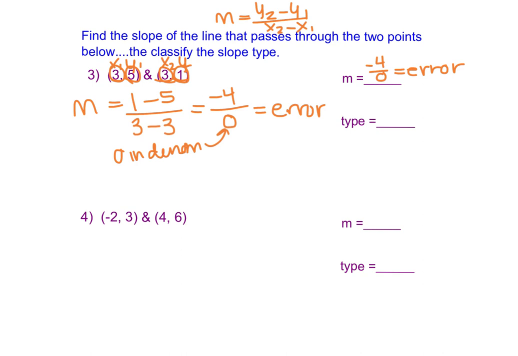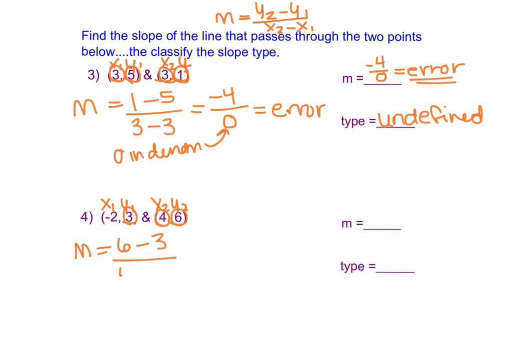Then from here, what we need to do is classify it by type. Because we have this error occurring, our type is undefined. And finally, the last problem, we have x1, y1, x2, y2. We calculate our slope, so we have y2, which is 6, minus y1, which is 3, divided by x2, which is 4, minus x1, which is negative 2. 6 minus 3 is 3.